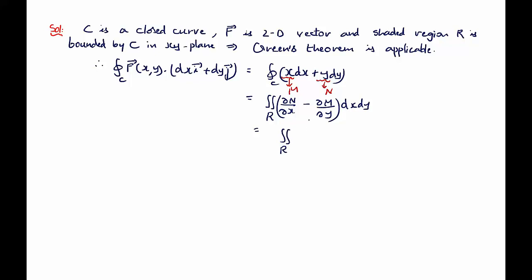Let us check the derivatives. ∂/∂x of y is 0, minus ∂/∂y of x, that is also 0. So this becomes the definite integral of 0, which is equal to 0. So the answer is 0. Here I am writing the Green's theorem statement.